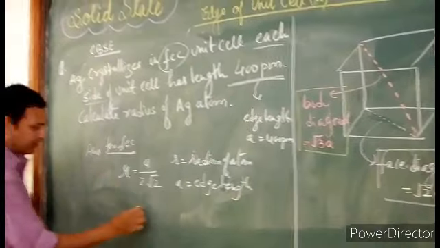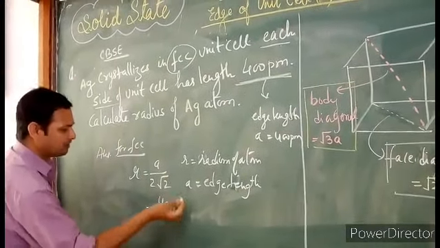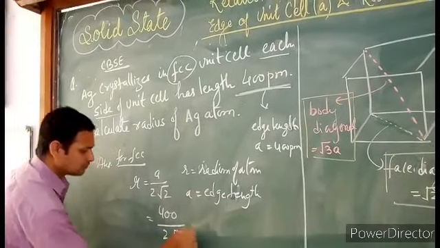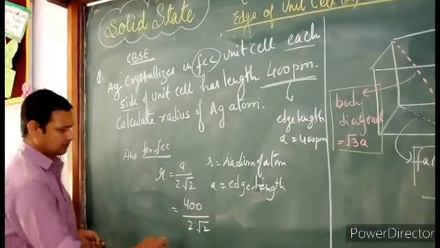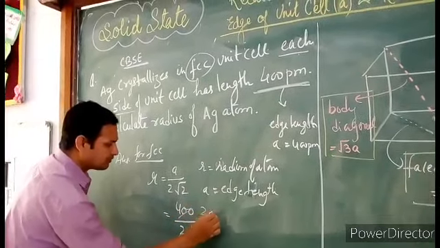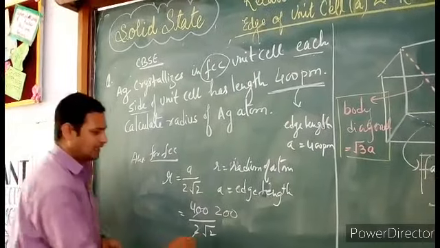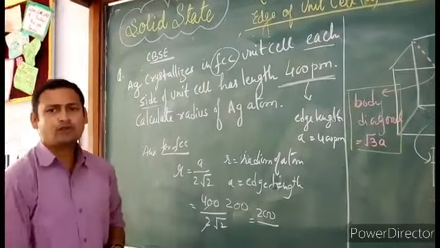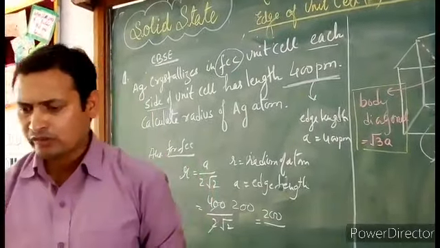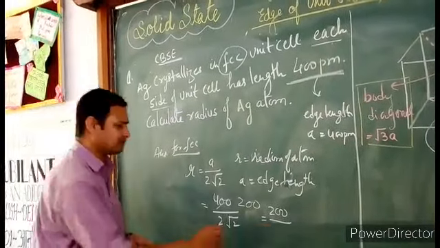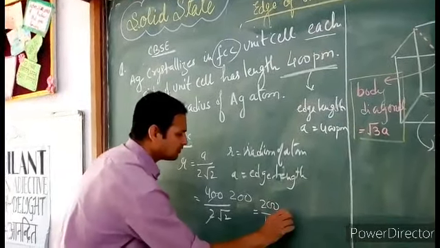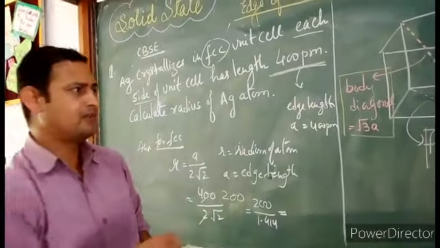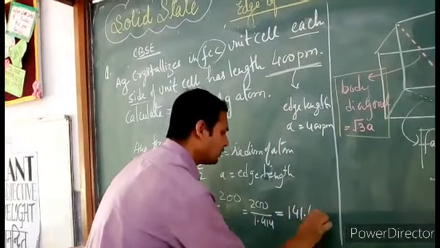So we have to calculate r. a is given to us as 400 picometer upon 2 into 2 root 2. So here we get how much? 200 by root 2. And 200 by root 2 means 200 by the value of root 2, which is how much? 1.414 something. 1.414. On solving, the answer will be something around 141.4 pico.